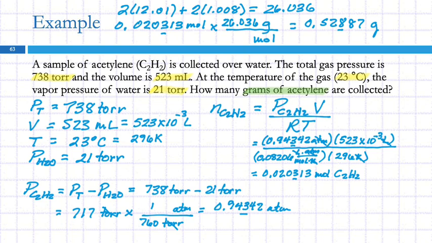So I'm going to do it again. I got your answer. You got it? Okay. That's 2 out of 3. So we should report that answer as 0.529 grams. Any questions?